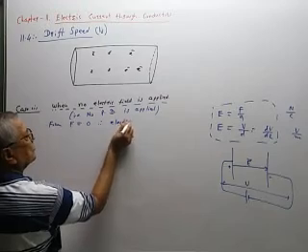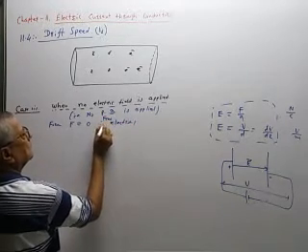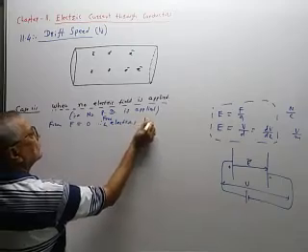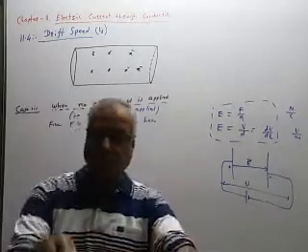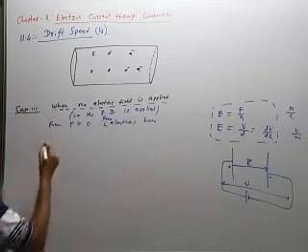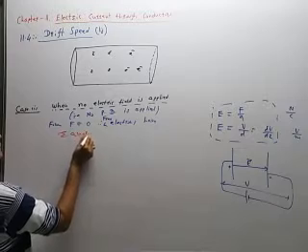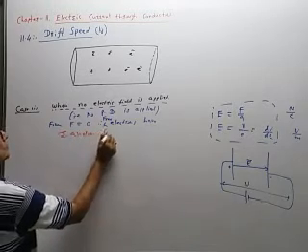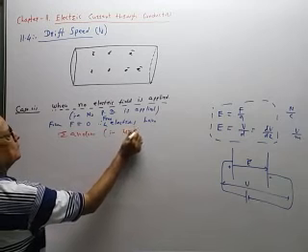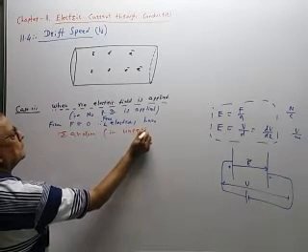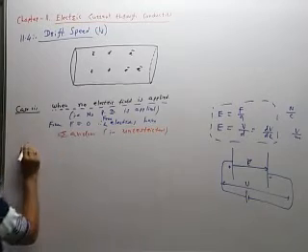The free electrons have a random, that is unrestricted, motion.